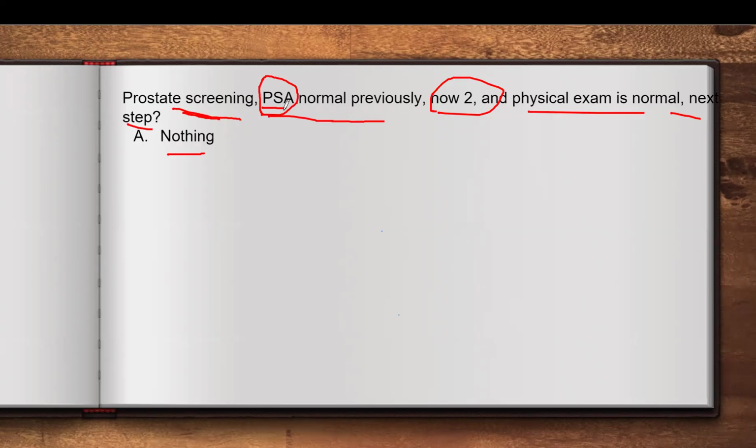For example, a person comes to you, he does not have any prostate cancer right now, and he says that one of his relatives has prostate cancer, and he is very worried about it and wants to get his screening done. So you, as a doctor, will tell him all the risks and benefits of doing the PSA or prostate cancer screening.